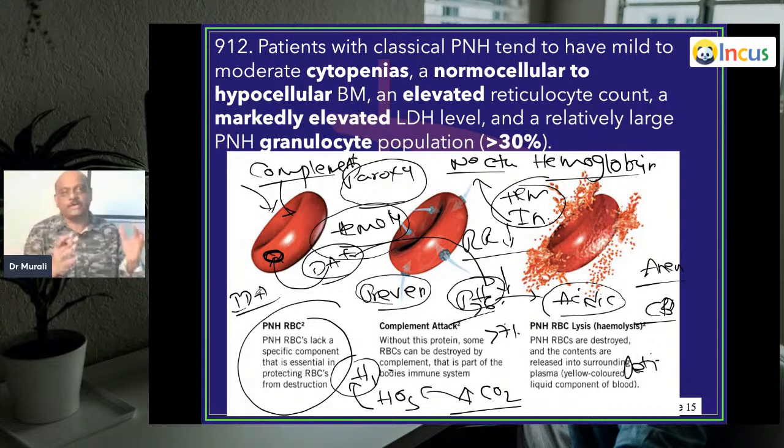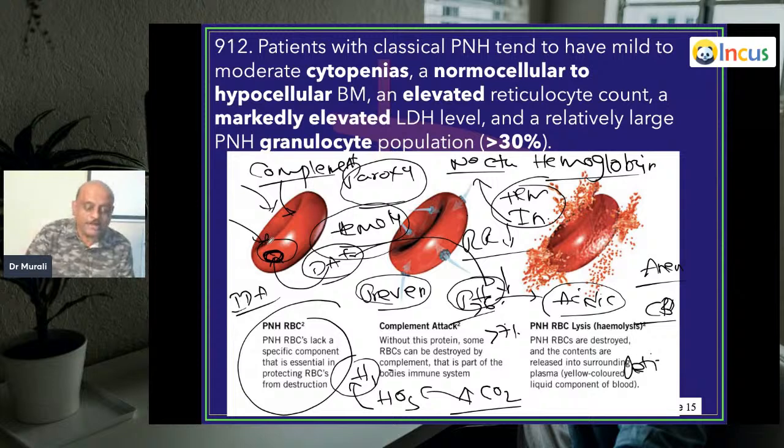If reticulocytosis happens typically within 72 to 96 hours, that means the patient is responding. All right. So elevated reti count and elevated LDH are a classical feature of paroxysmal nocturnal hemoglobinuria.